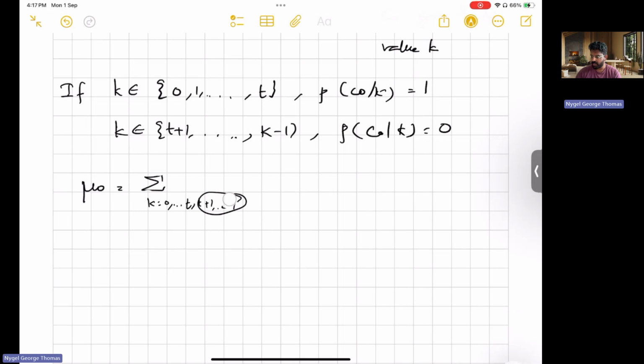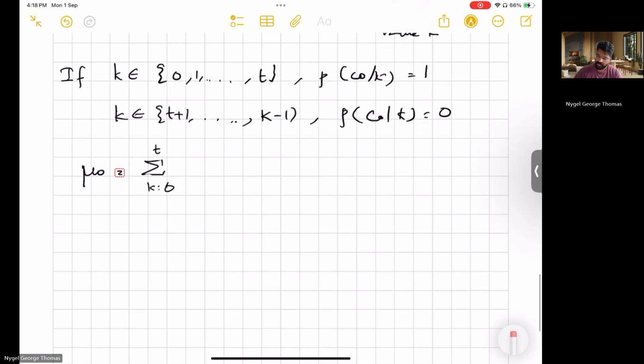So it's only required to index it from 0 to t, because after t, the corresponding conditional probability P of C0 given k is going to be 0.